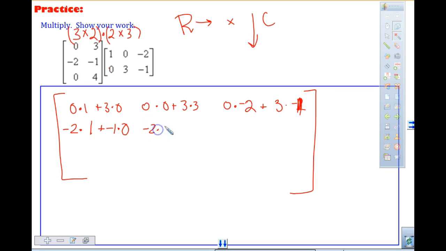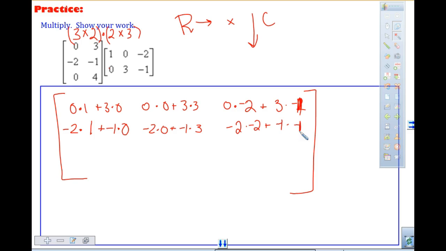Negative 2 times 0 plus negative 1 times 3. Negative 1 times 3. Okay? We're going to keep going with that one, right? Lainey. Negative 2 times negative 2 plus negative 1 times what? Negative 1?